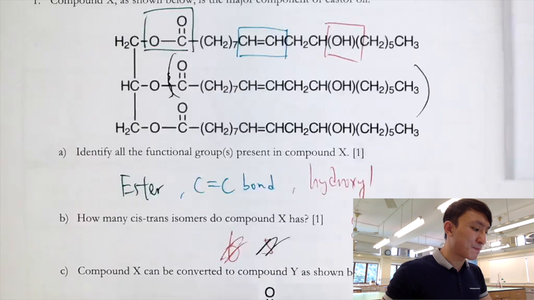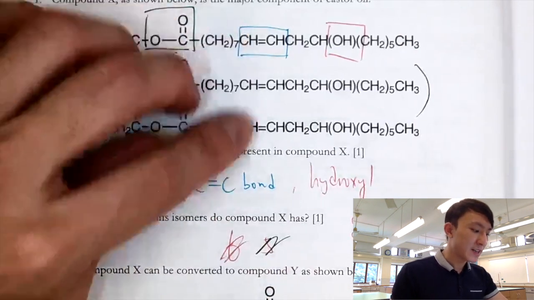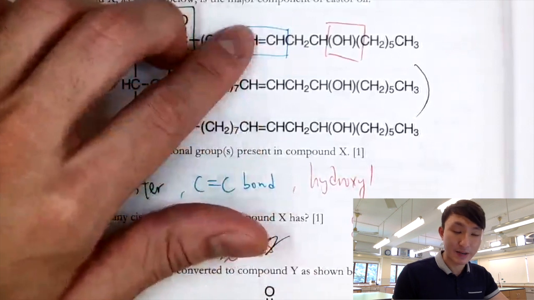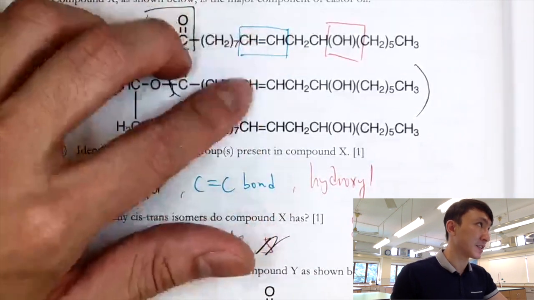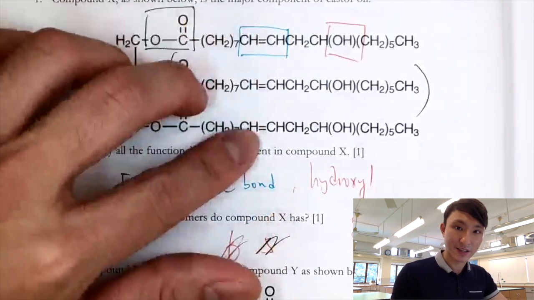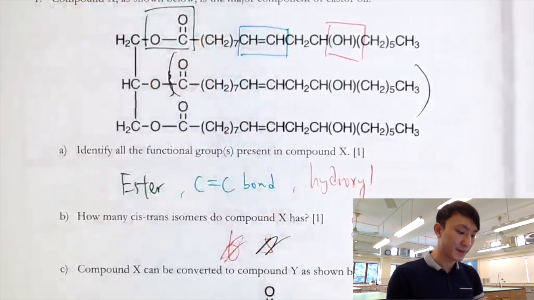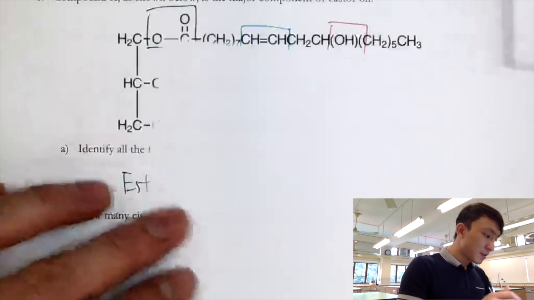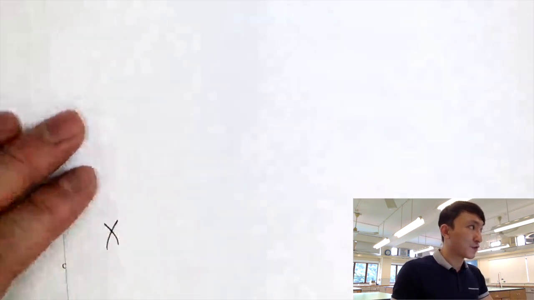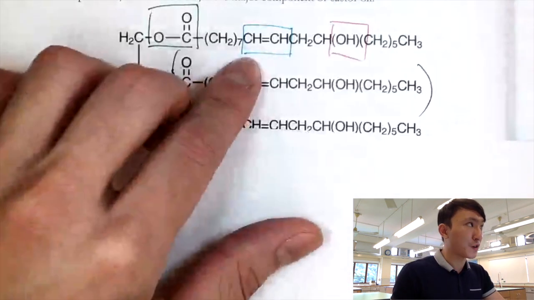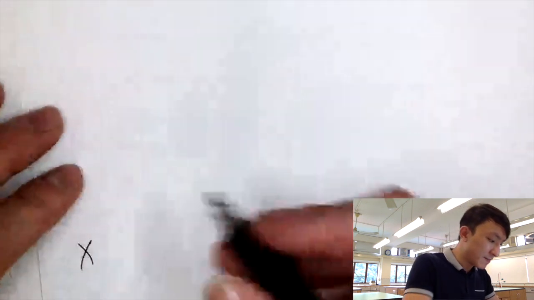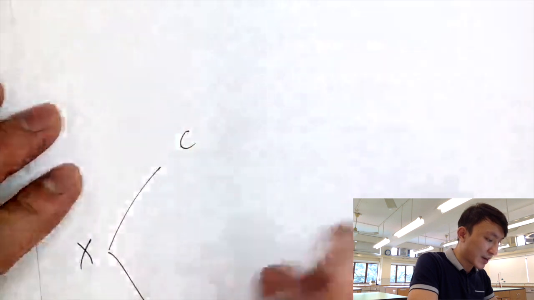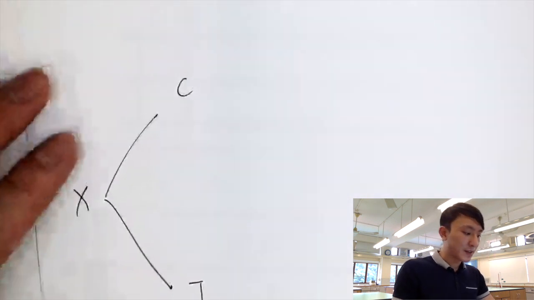So you can think about it as having 3 cis-trans isomers, and we look at how many combinations there are. For example, cis-cis-cis, or cis-cis-trans, or trans-trans-trans, okay? So, for compound X, first of all, we focus on the first double bond here. The first one can be cis or trans. Do you agree?